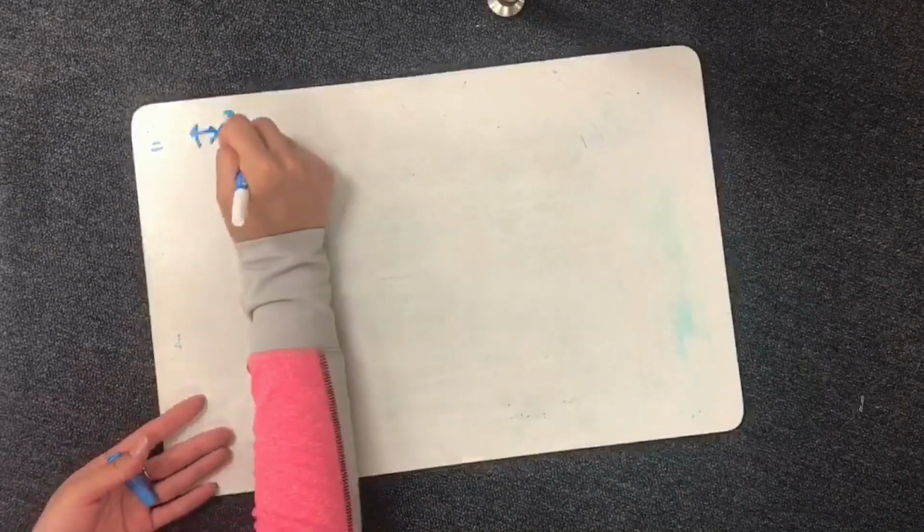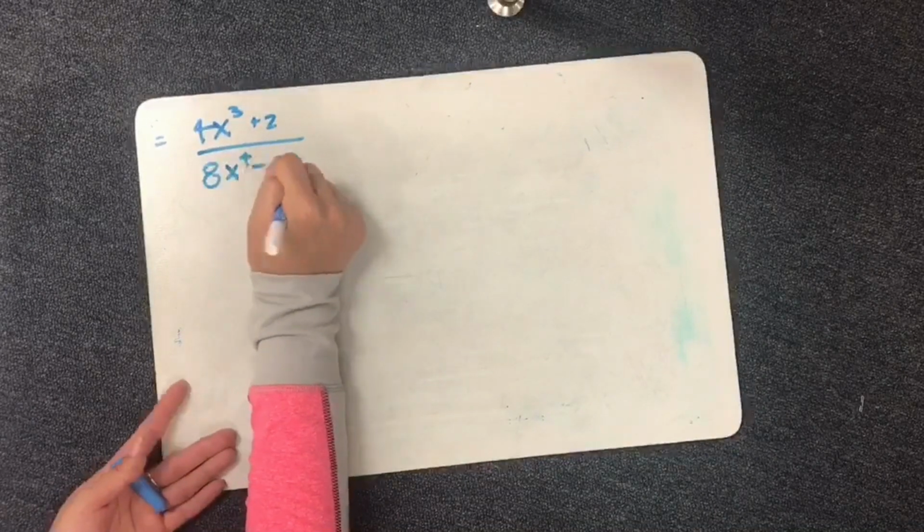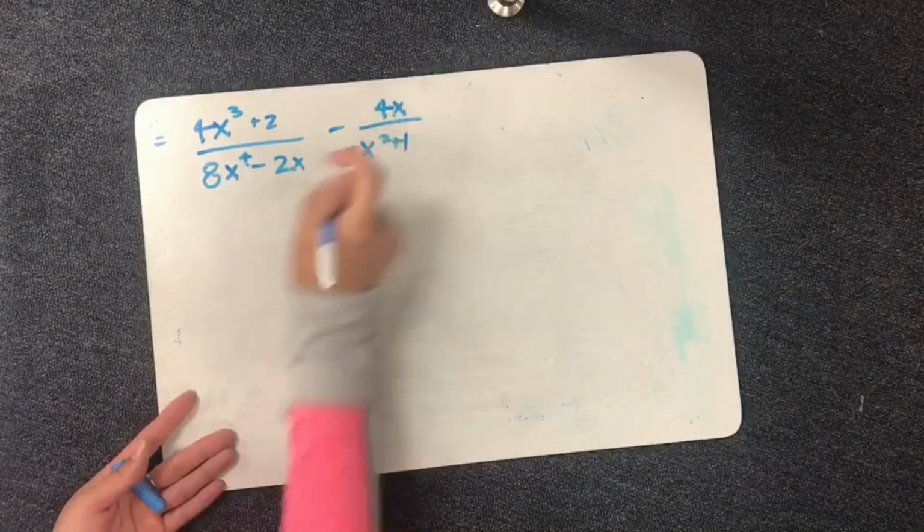We will then find the common denominator of 4x to the third plus 2 all over 8x to the fourth minus 2x minus 4 over x squared plus 1.